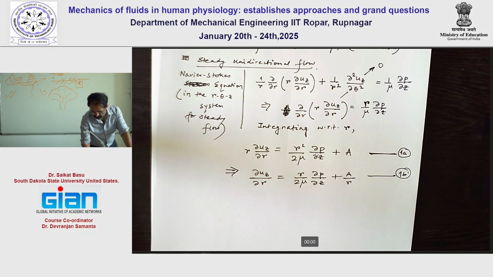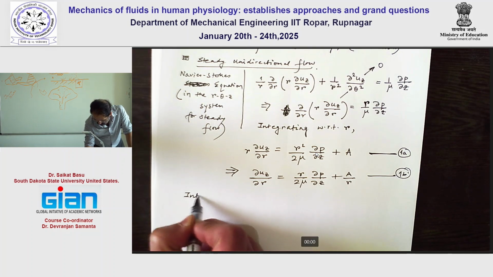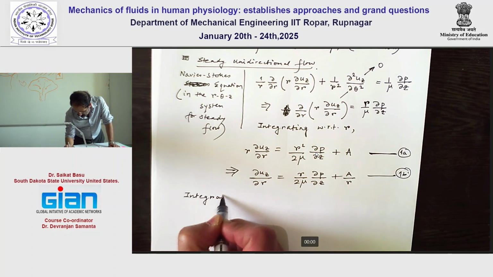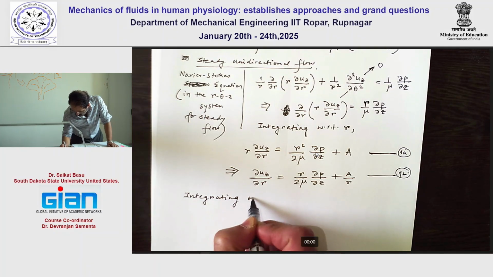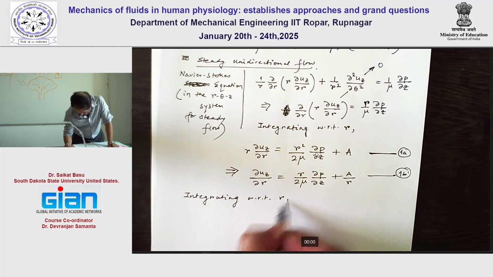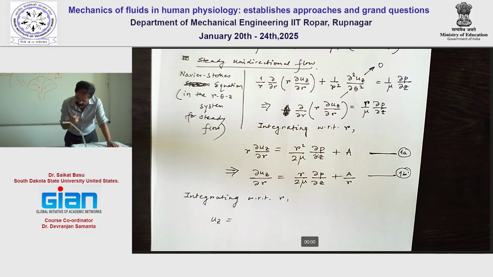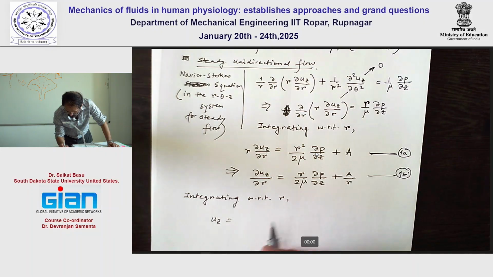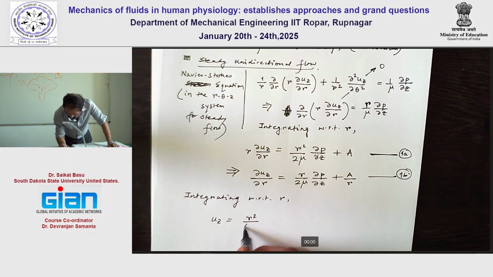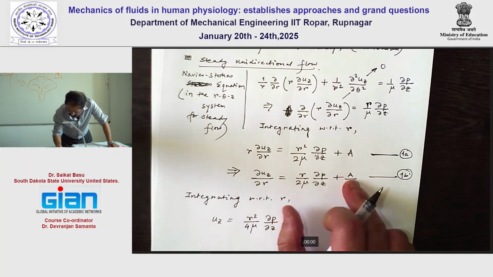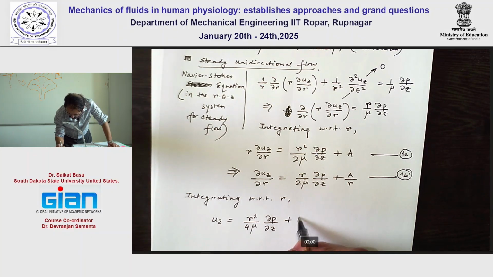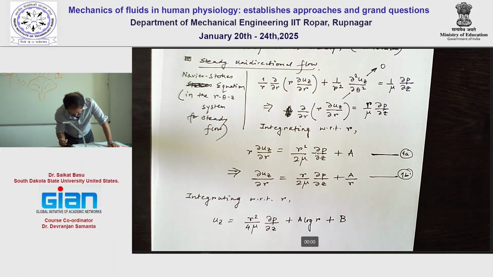Integrating with respect to r again, we have uz as r squared over 4 mu, del p/del z, plus a times the natural log of r, since this is a over r, plus some constant of integration b.